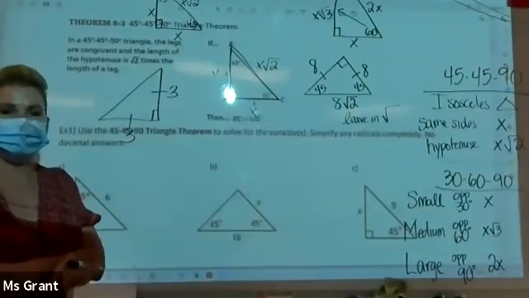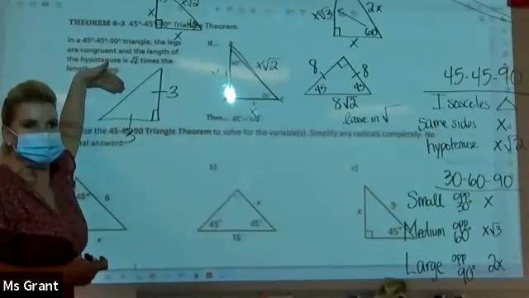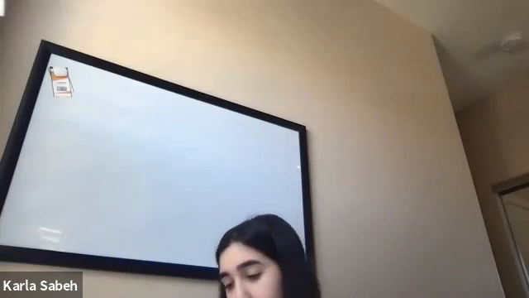The other side is 3, that's a leg. Another person. What's my hypotenuse? 3 rad 2. 3 rad 2, good job.